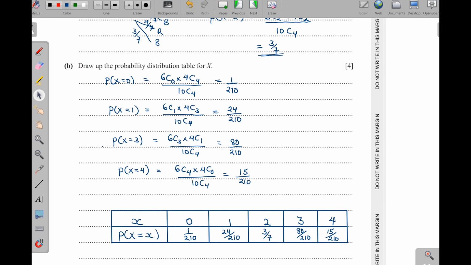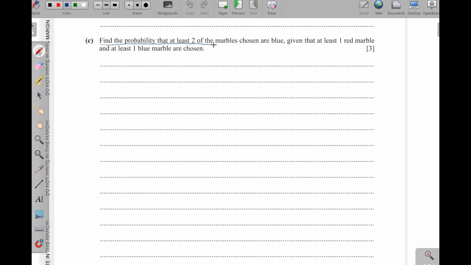So that is that. Then part C, find the probability that at least 2 of the marbles chosen are blue, given that at least 1 red and at least 1 blue marble are chosen. Now here we are having probability of at least 2 of the marbles chosen are blue.